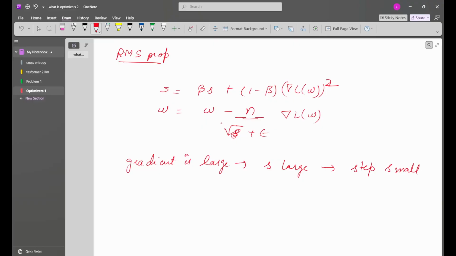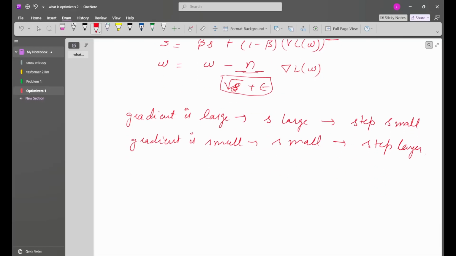See, this S is in our denominator, so if S is large, our step will be small. And if the gradient is small, the opposite happens. Gradient is small, S small, and then step larger.